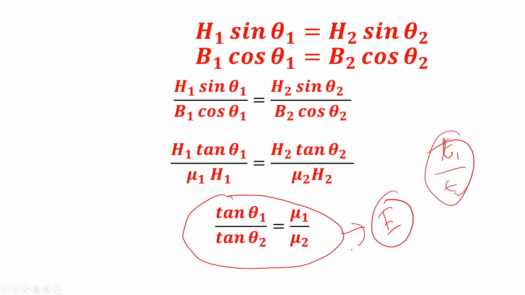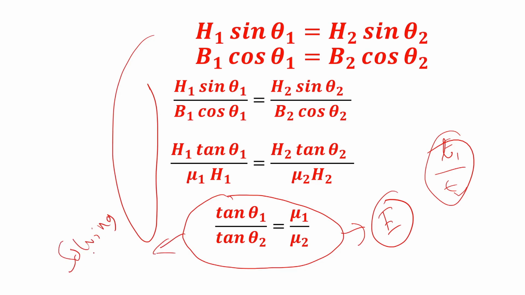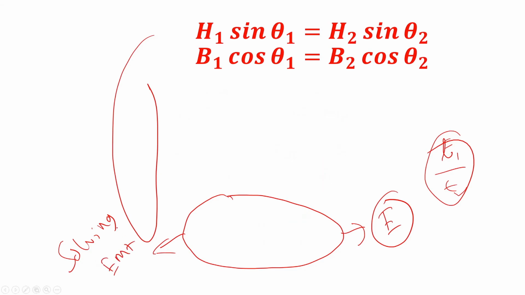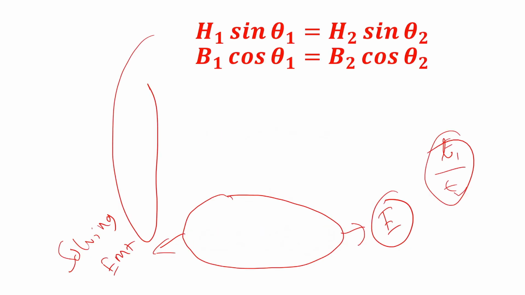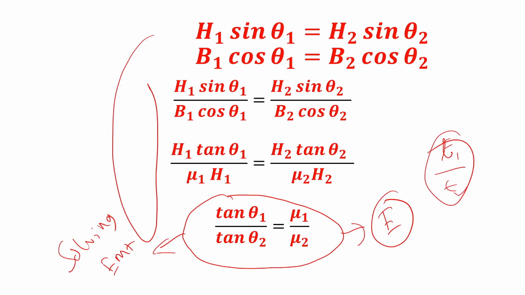This analysis would be used in solving some problems of EMT, whereas the previous results up to here we would need to determine the magnetic field intensities for medium 2 if the magnetic field intensities for medium 1 are known.